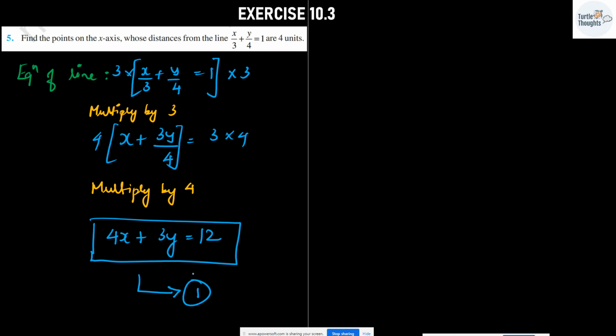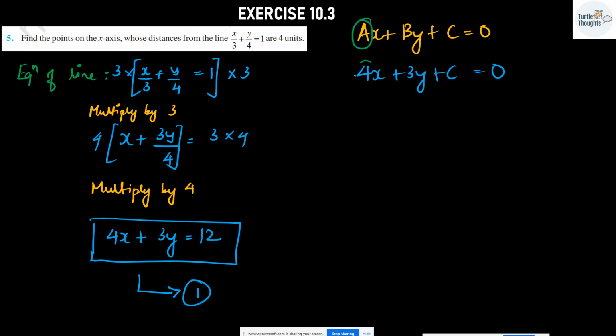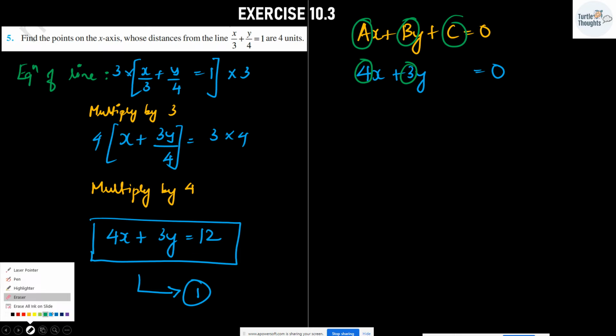You can compare equation number 1 with the general equation, which is ax plus by plus c is equal to 0. Let me compare it with the equation I have got: 4x plus 3y minus 12 is equal to 0. Now I can take the value of a as 4, b as 3, and c as minus 12, since 12 comes to the other side as minus 12.